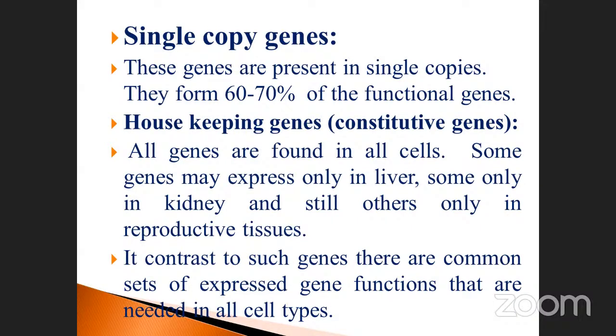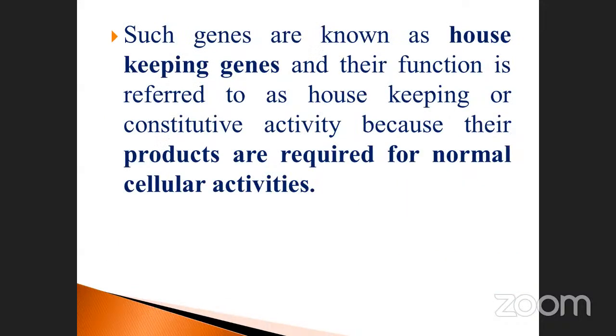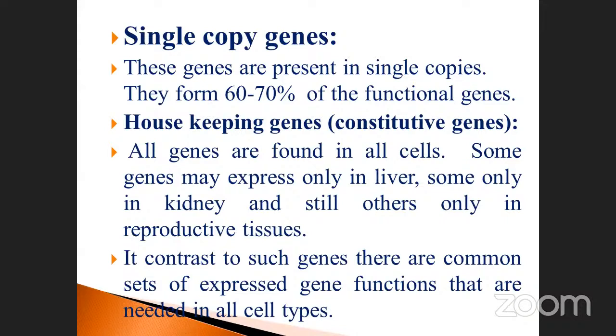In contrast to such genes, there is a common set of genes whose functions are needed in all cells. Such genes are known as housekeeping genes. Their functions refer to housekeeping or constitutive activity because their products are required for normal cellular activities. So these are constitutive genes, otherwise called housekeeping genes.